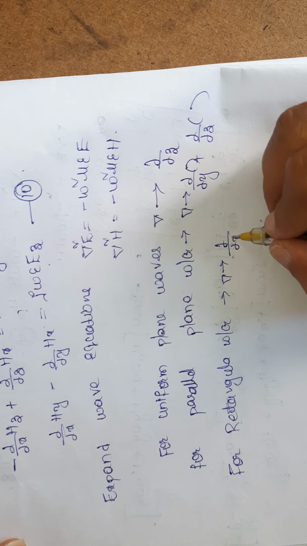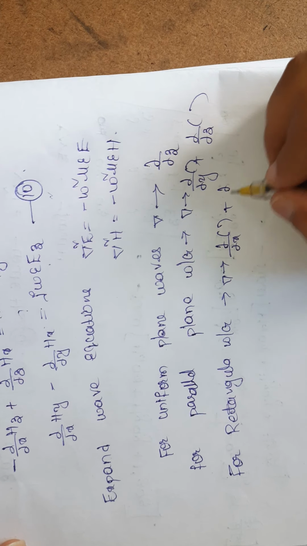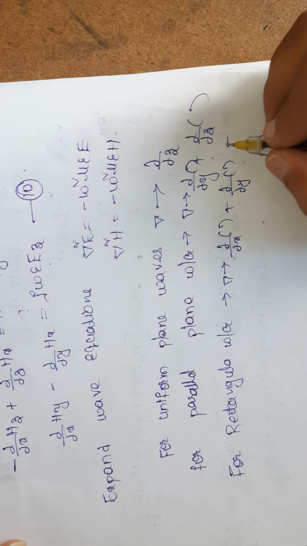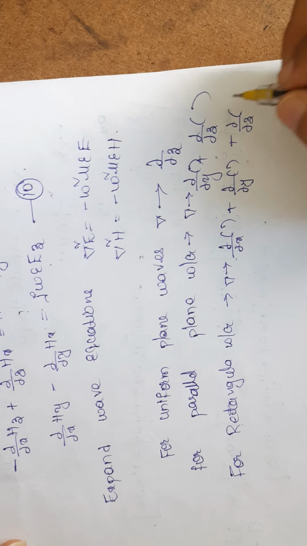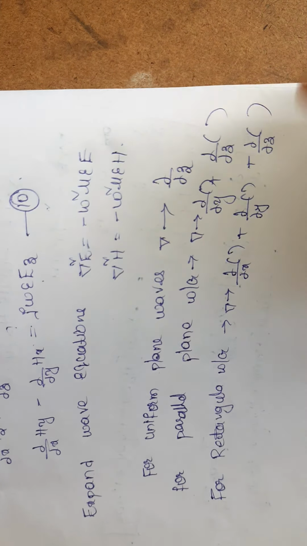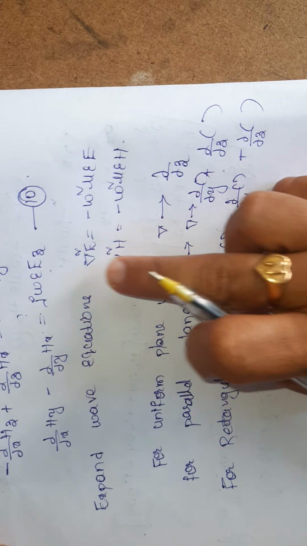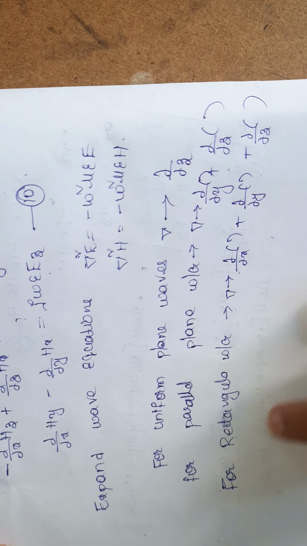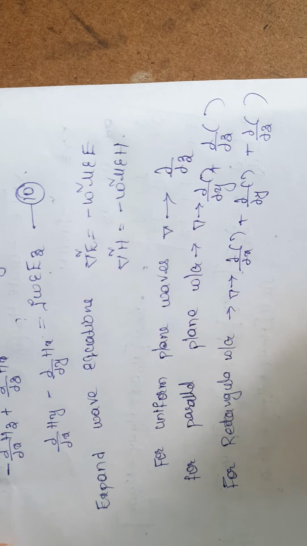So we have to consider all three coordinates, dou by dou x, dou by dou y and dou by dou z. Okay, now for rectangular plane waveguide you have to expand. So for rectangular plane waveguide we have to consider these three.